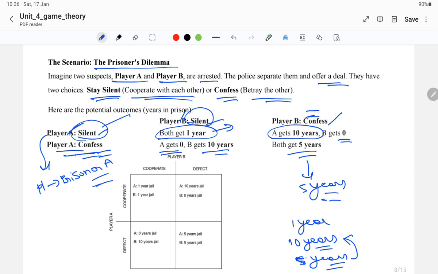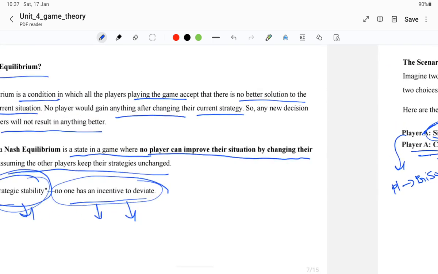That also would result in somewhat lesser punishment of 5 years when compared to the 10 years they would get if they deviate. If prisoner A remains silent and prisoner B confesses, that will result in 10 years. So in this case, there is no incentive for any of the prisoners to deviate from one another. That is what the Nash equilibrium is all about.